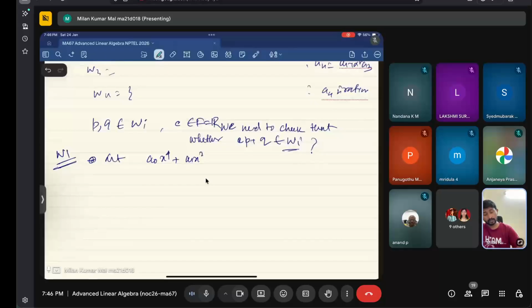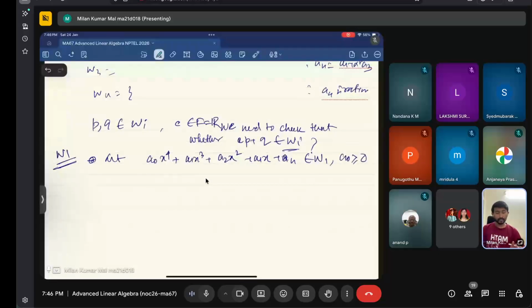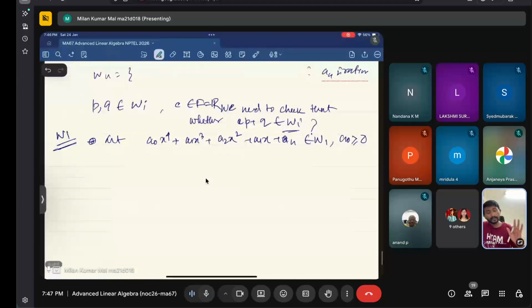This is in W1 and A naught is greater than or equal to 0. One can take 2, 3, or 0 also. One can take A naught as 1, for example. Minus 1 as a scalar is in the field of real numbers.